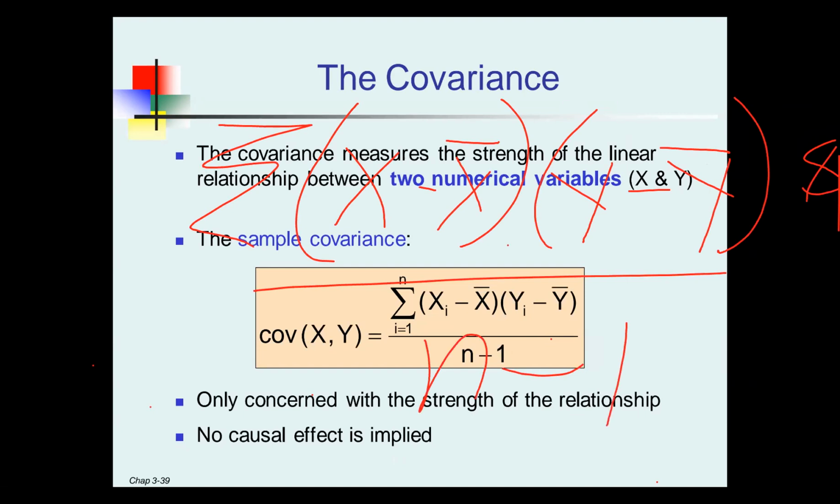So you are given two variables, the x variable and the y variable. Then you calculate like this. You sum up on top and divide by n minus 1. So you get the answer. That's how you find the covariance. It measures the strength of the linear relationship between the two numerical variables. Okay.